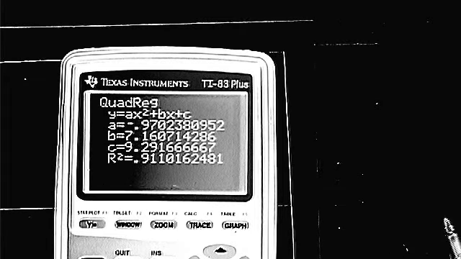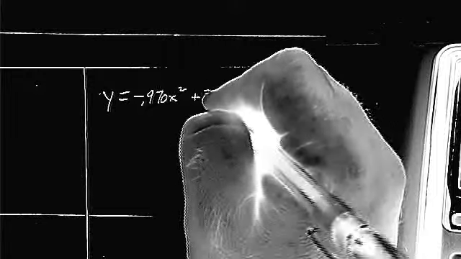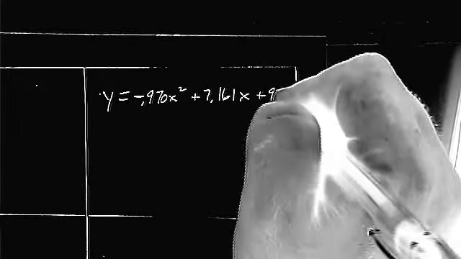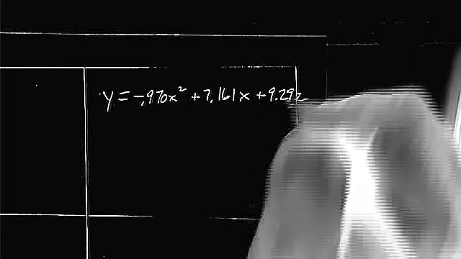So I'm going to write those numbers down here: y equals -0.97, which rounds at the thousandths to -0.970. I don't really need the 0 in there, but I'm just trying to be consistent so you can see 7.161x plus 9.292.